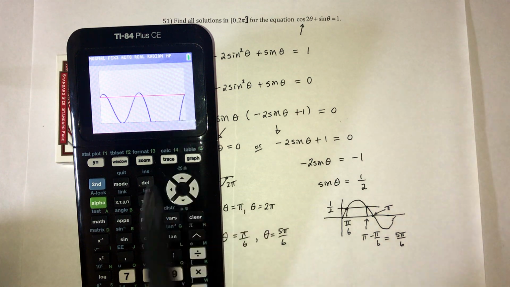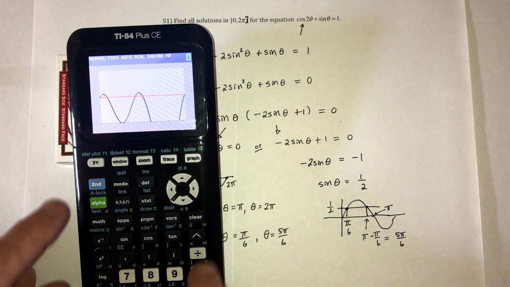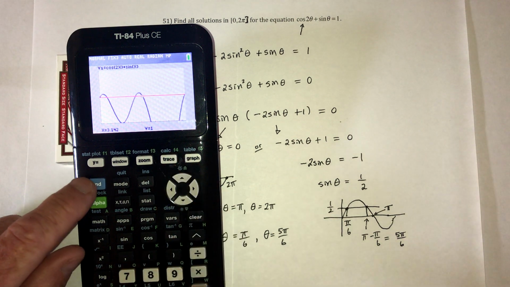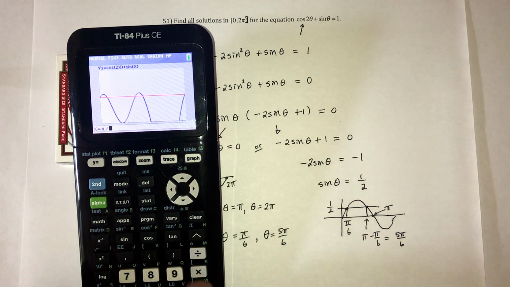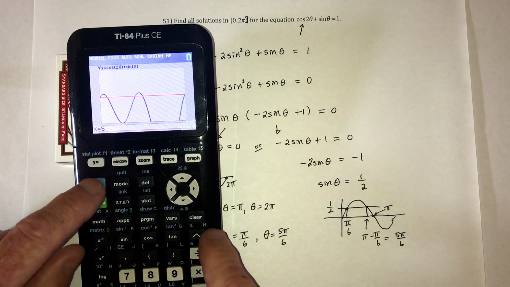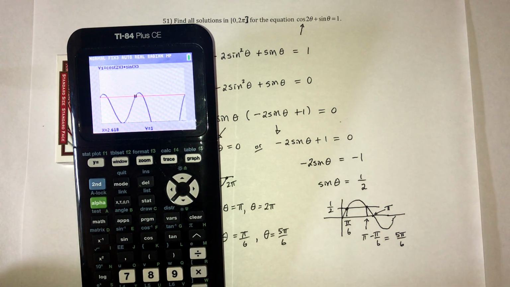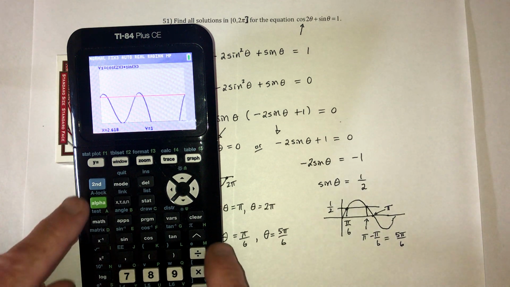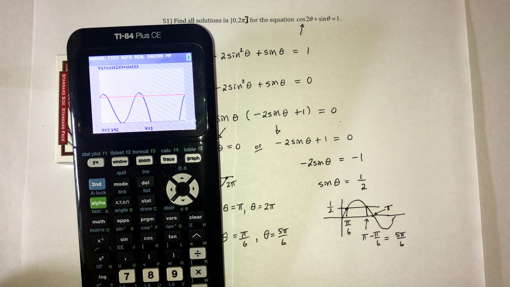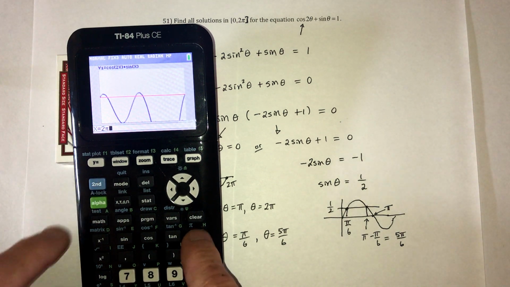So that one right there is 2 pi. What about trace? What about pi divided by 6? That's correct. 5 pi divided by 6. Yes, that's correct. And pi, yes. And 0, yes. And finally 2 pi.